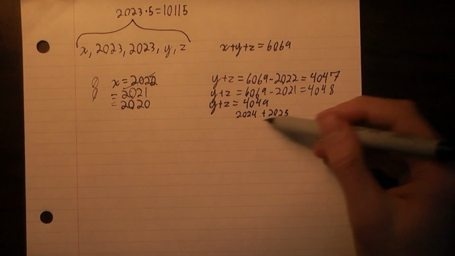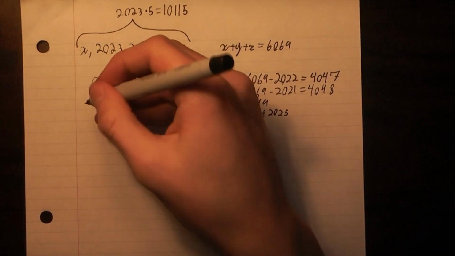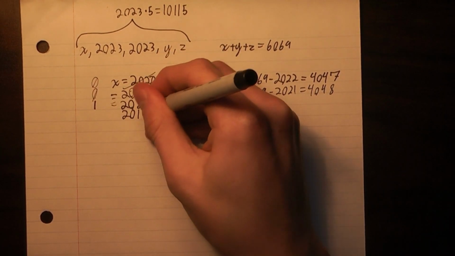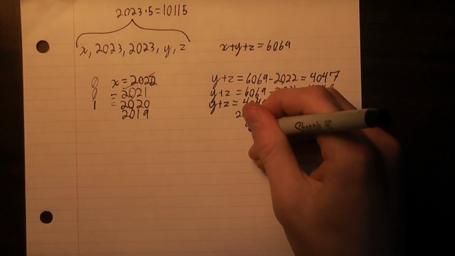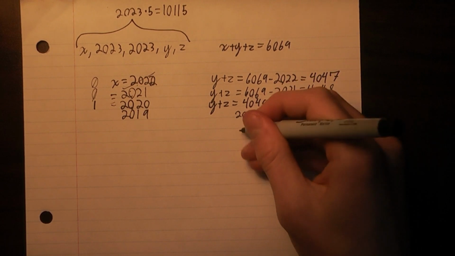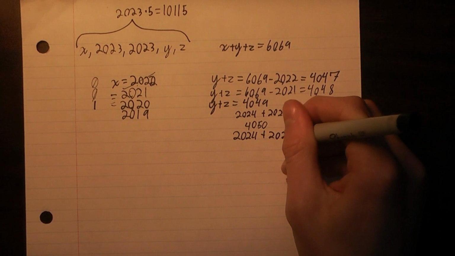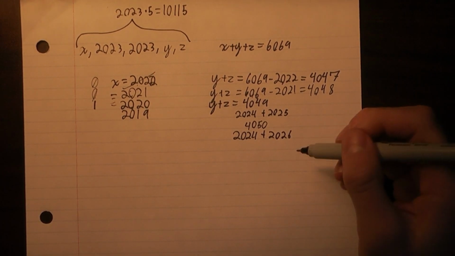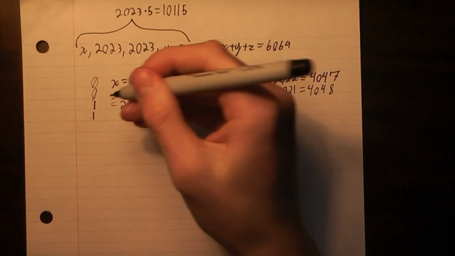And this is the only case in which it can happen when x is equal to 2020. So there's 1. If it's 2019, then these add together to make 4050, in which case the only possible solution is 2024 plus 2026, because the only other one would be 2025 plus 2025, which are both the same number. So we get 1 again.